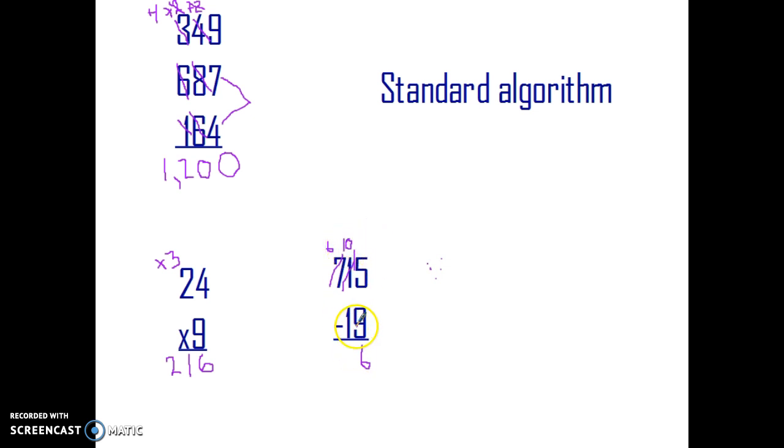Now I can take away 1 set of 10s from 10 sets of 10s, and I have 9 sets of 10 down here. And then I have nothing in the hundreds column, so I can leave that 6 here and bring it down. 696.